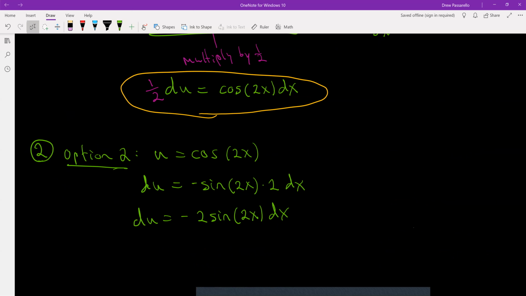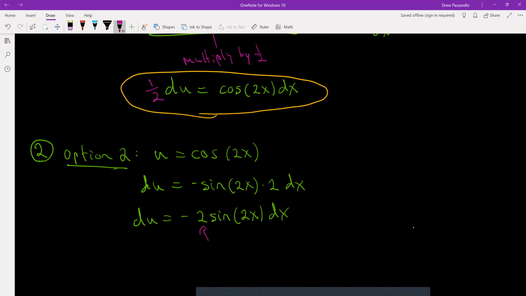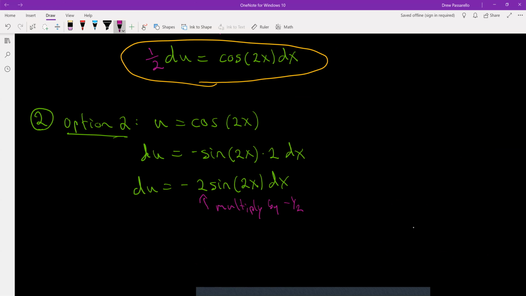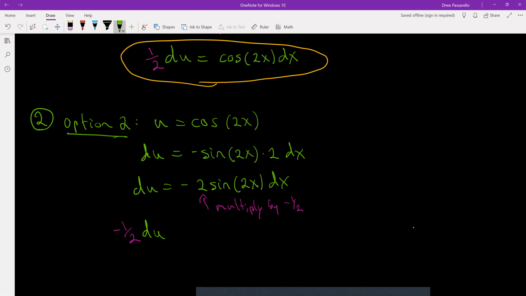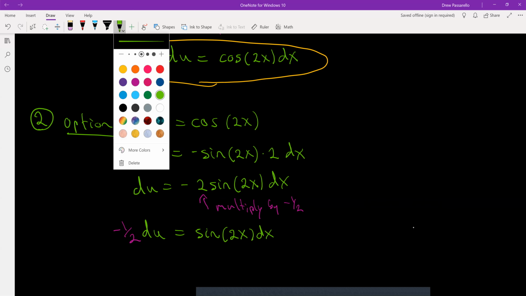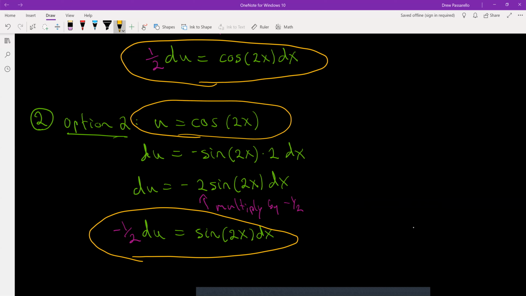So you would multiply both sides by negative 1/2, or divide by negative 2. So then I'd have negative 1/2 du is equal to sine of 2x dx. All right, this would be using the second option. That's what you sub in for sine of 2x dx, and then u is cosine of 2x.